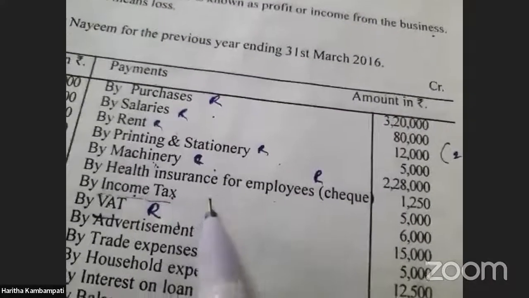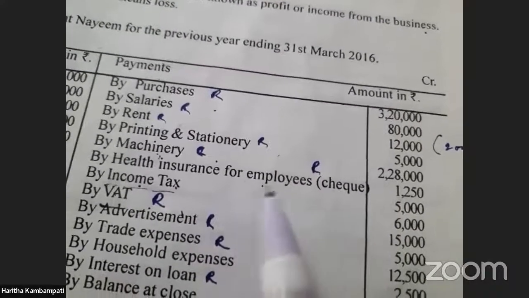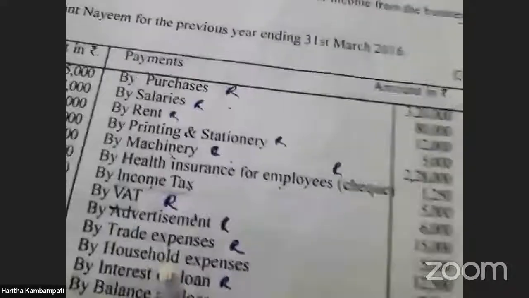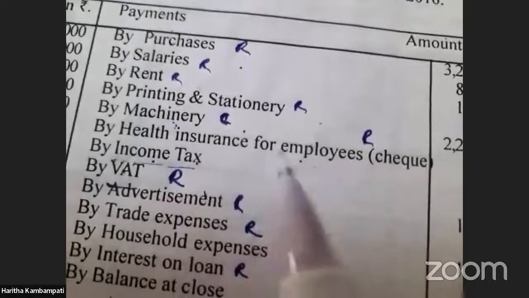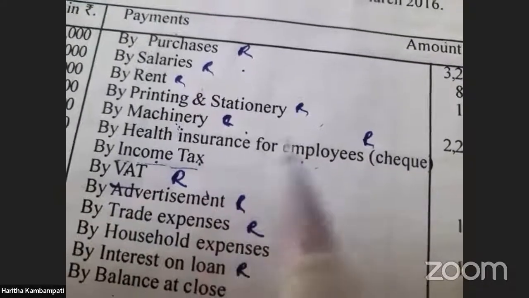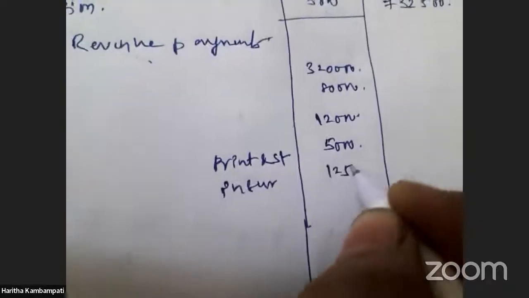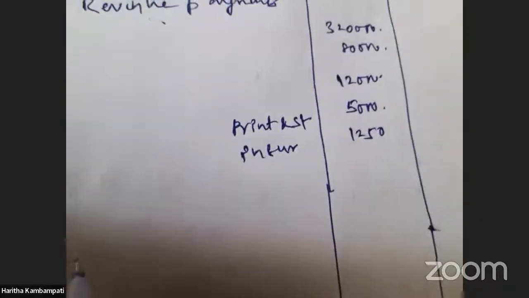Insurance here is for employees. That is why it is a business expenditure and moreover a revenue payment. If the insurance premium is for the assessee, meaning the person who is conducting the business, then we consider it a personal expenditure and we are not going to deduct it. It is related to employees, so that's why I have taken it here. That is 1,250.